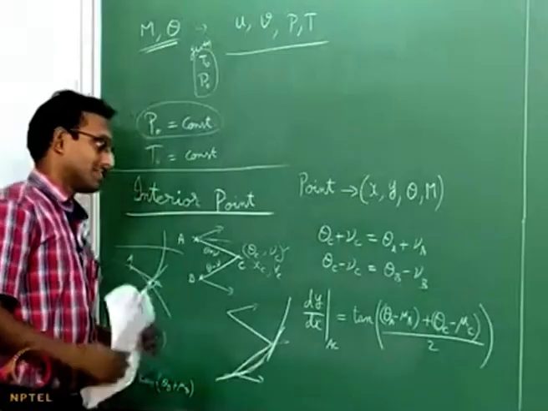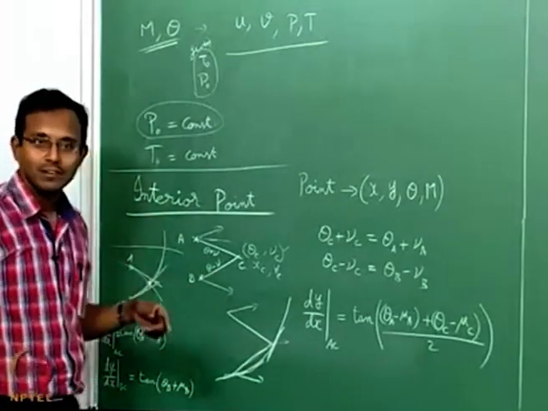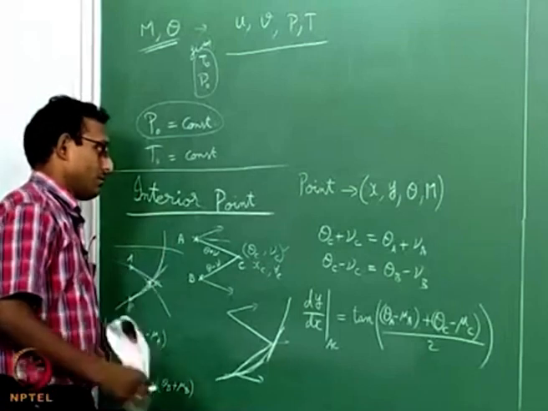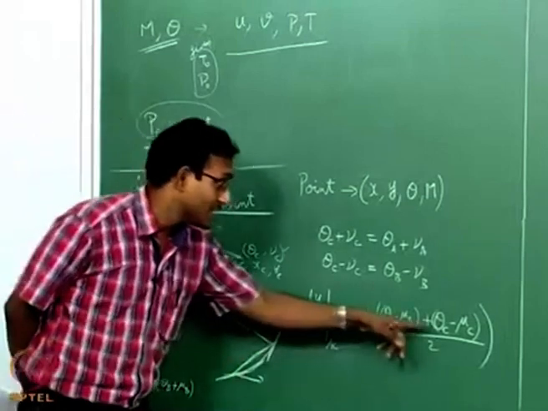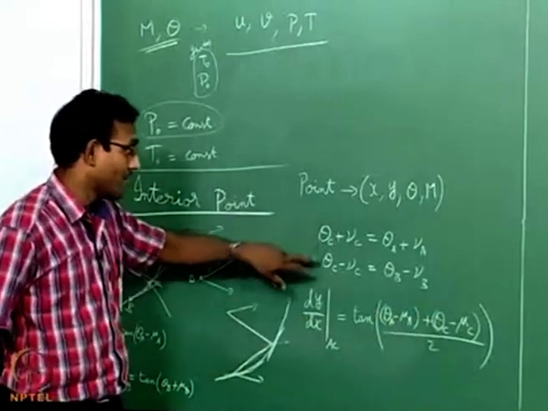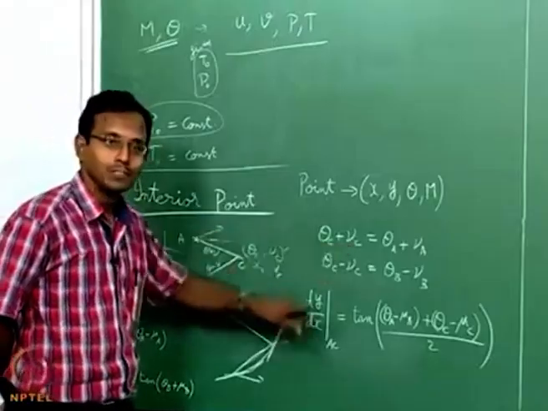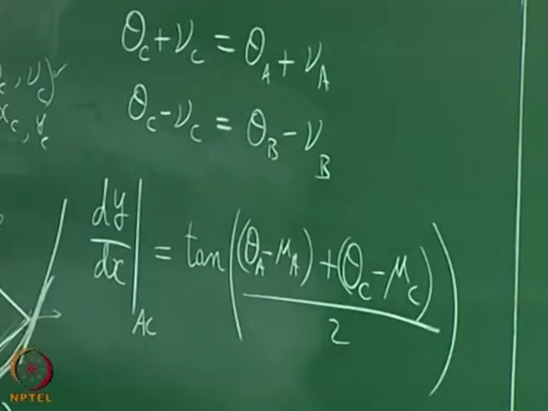I am taking an average of the angles and then putting a tan of that. Do I actually know the values theta C and mu C? Yes, I can know it because I already have this equation which can be independently solved. So I know theta and mu, and I can use theta and mu here easily.